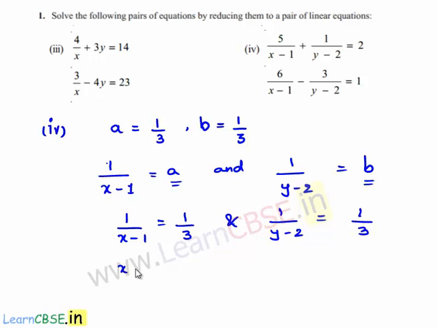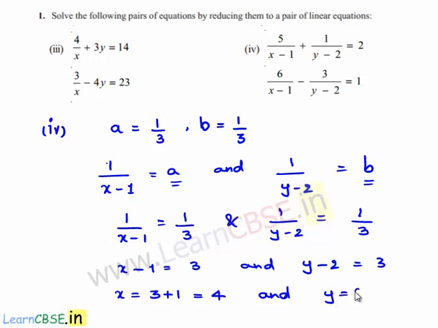On cross multiplication, we get x minus 1 is equal to 3 and y minus 2 is equal to 3. This is nothing but x is equal to 3 plus 1, which is 4, and y is equal to 3 plus 2, which is 5. So finally, the required solutions are x is equal to 4 and y is equal to 5.